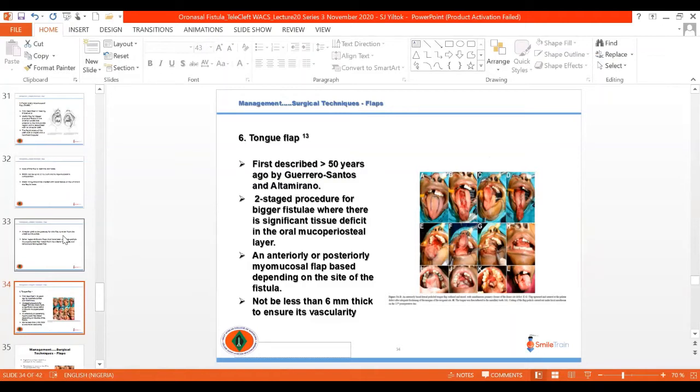First, raise the flap from the tongue, take it to where you want it, insert it, and within 10 to 14 days, the pedicle can be devascularized. By that time, you expect that the recipient site will have taken. Usually, it can take up to 6 millimeters thickness of the tongue tissue without affecting function.